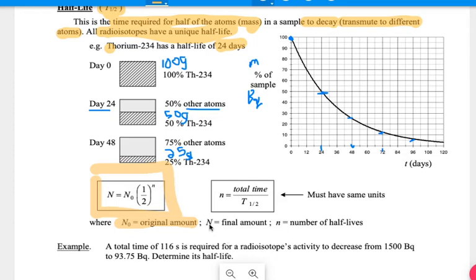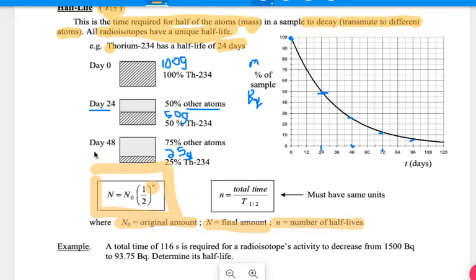So our final amount is equal to our starting amount times half, because we're looking at the half-lives, to the power n, the number of half-lives. So how many times have we cut in half? Here, this would be 1 half-life, 2 half-lives.